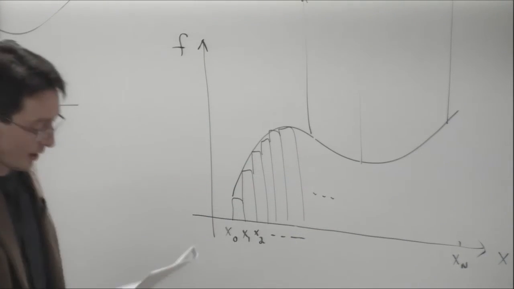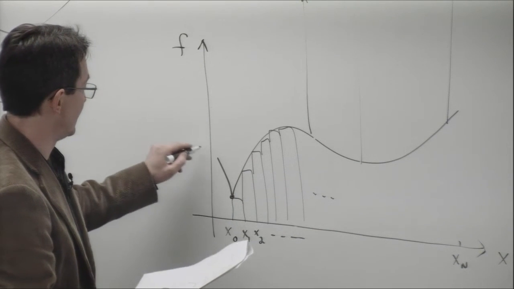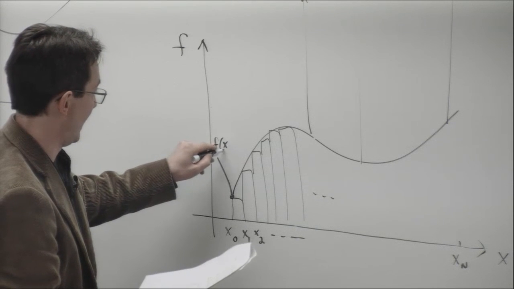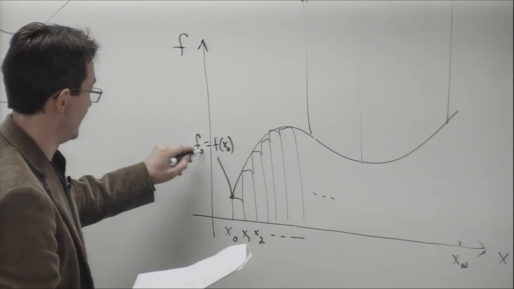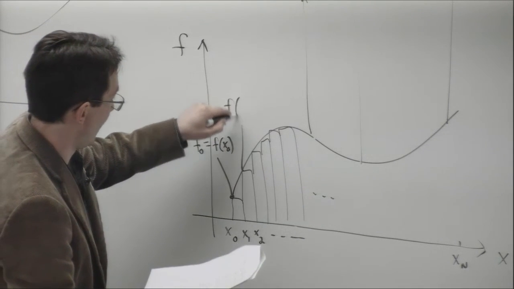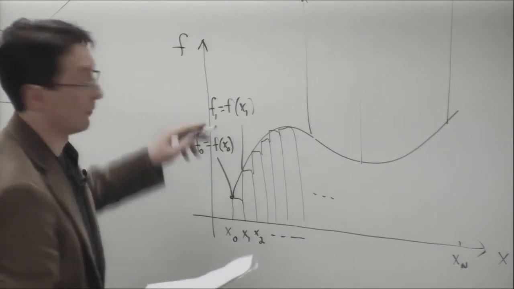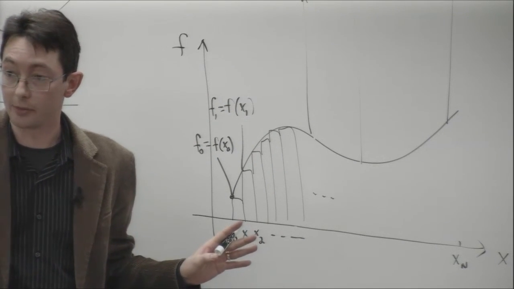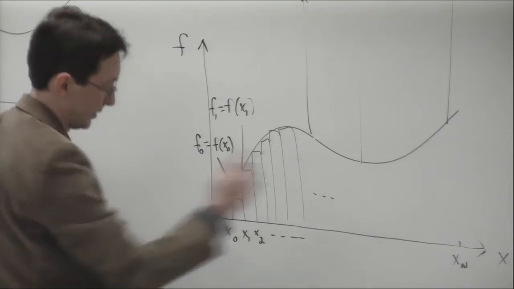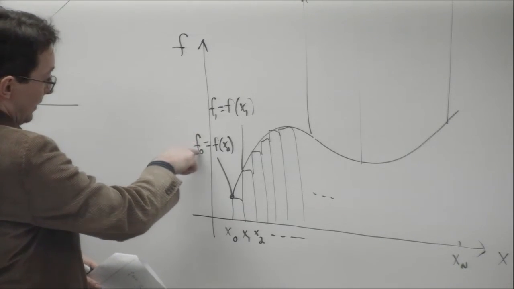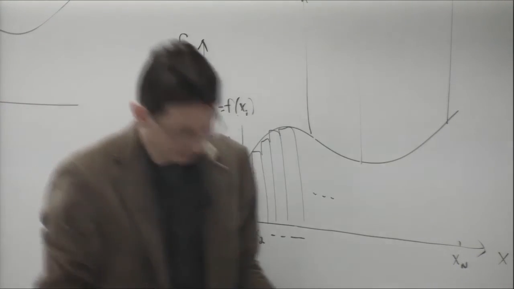Okay? And this point is f of x0. We're going to call that f0. F of x1 is f1. This is just like we did for the finite difference derivative. We're just going to call these x0s to xn's and these f0s to fn's.